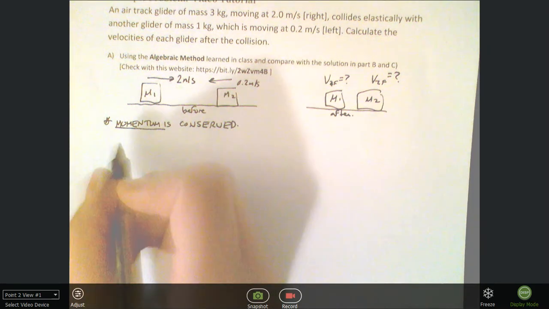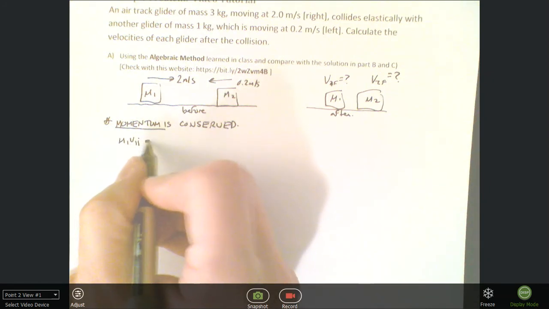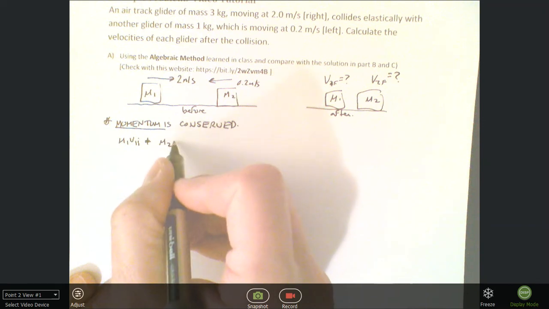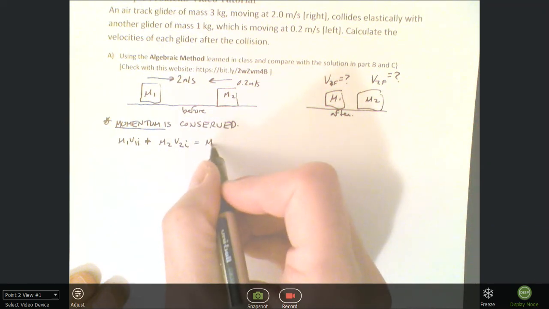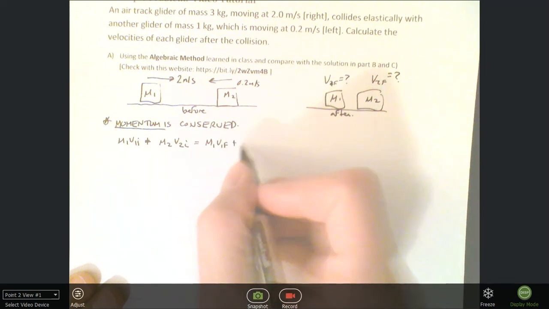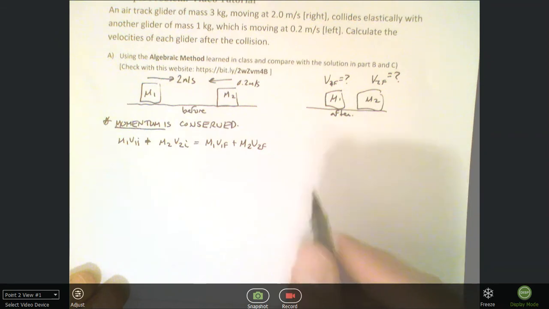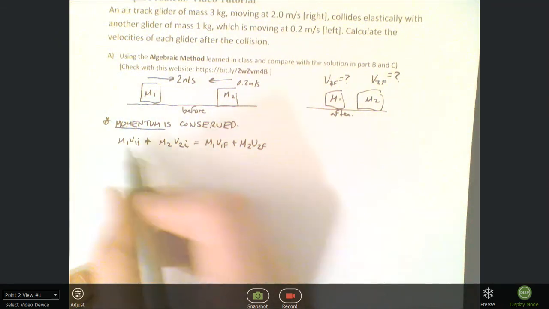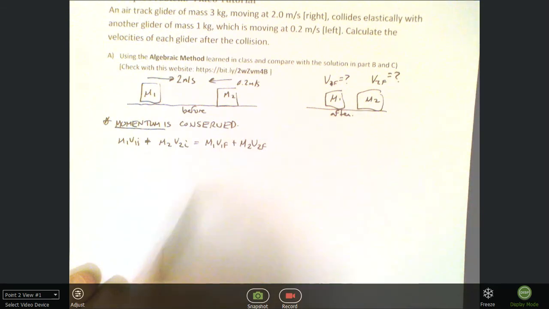So we can very easily write the momentum equation, or the conservation of momentum equation, like this. And you're like, oh, that's fine. But you realize quickly we know everything except for V1F and V2F. So we have two unknowns, so we can't solve this yet.